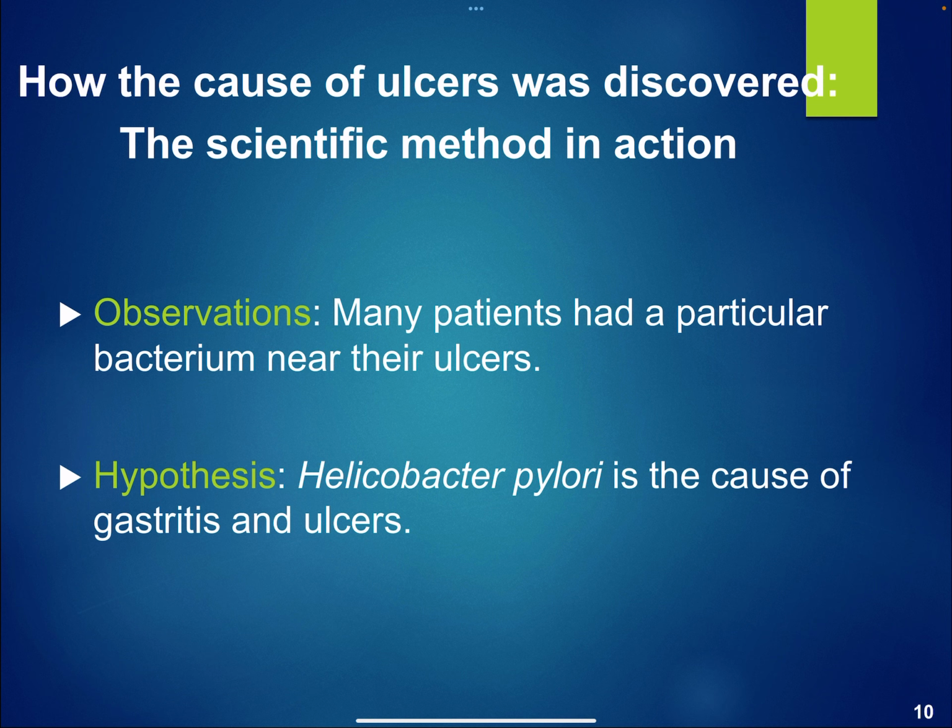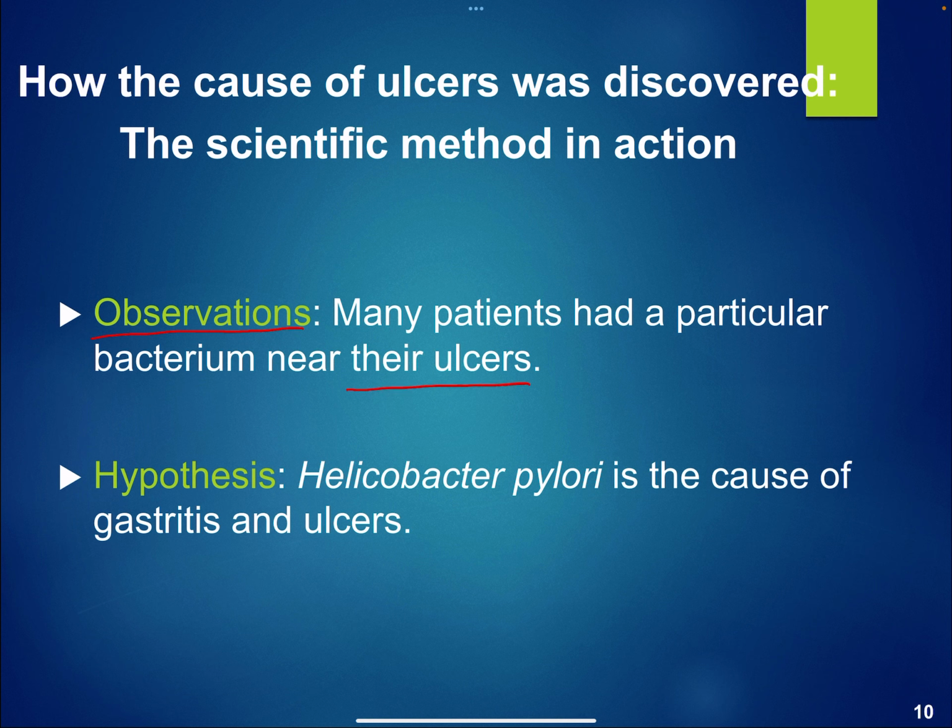But how did we come to that conclusion? First, the scientist who did the work on that particular aspect made the observation that many patients had a particular bacterium near their ulcers.